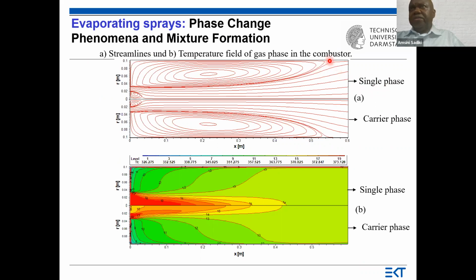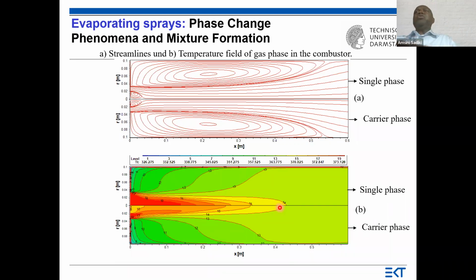So the single phase is this recirculation goes up to here, but if you have carrier phase, the streamlines are a little bit different. And we see it very clearly in the temperature distribution for the carrier, for the single phase. We have high temperature up to this position. And if we have particles, so there is a change in the behavior of their temperature distribution.